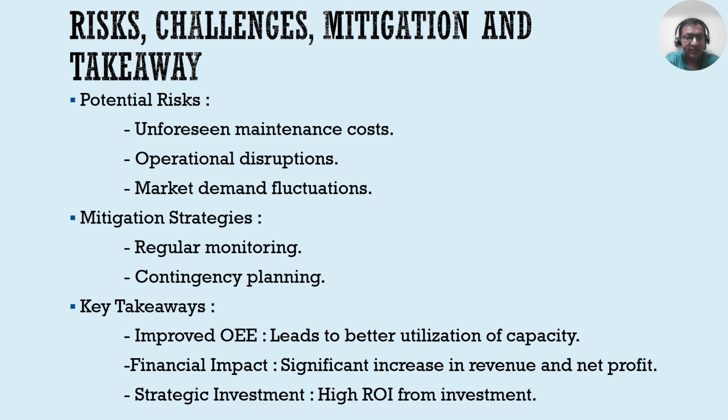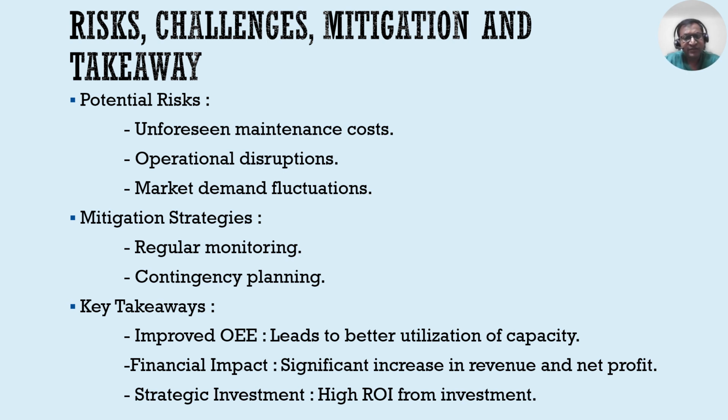Operational disruptions: there are some operational difficulties after going through maintenance and automation of the production facility, which will raise new consequences that can impact the current state of productivity. And market demand fluctuations may reduce the revenue and thereby reduce the optimal profitability.